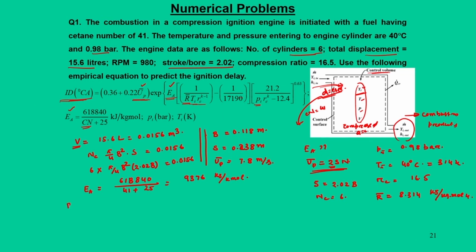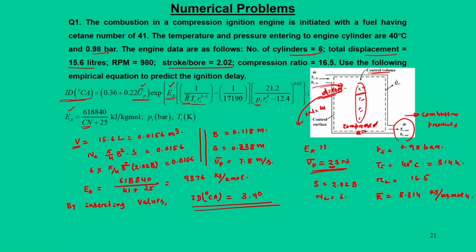By inserting values, one can find out the ignition delay in terms of degree crank angle. This is 3.9 degree. Ignition delay can be expressed in two ways.